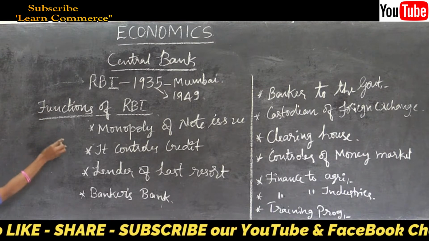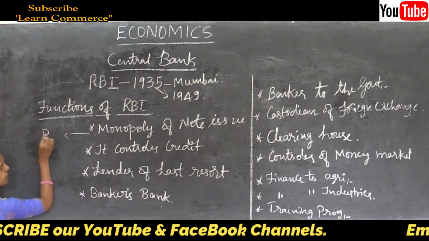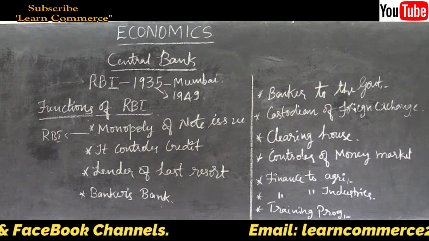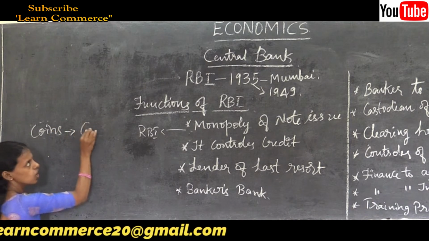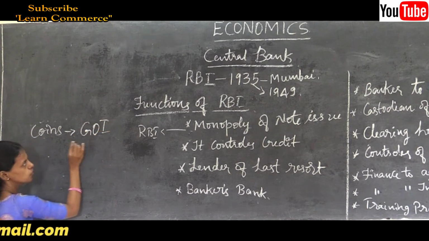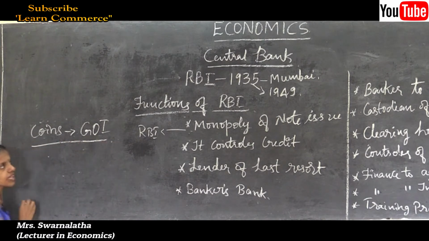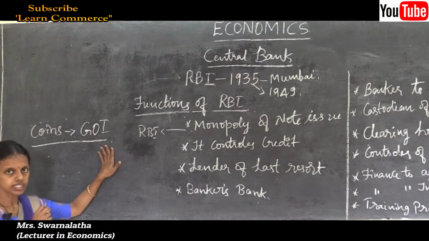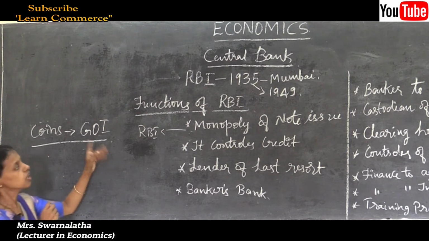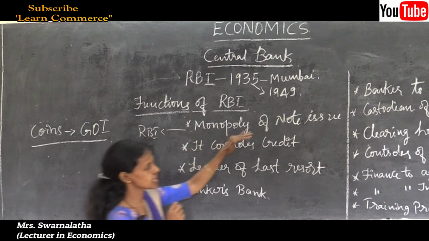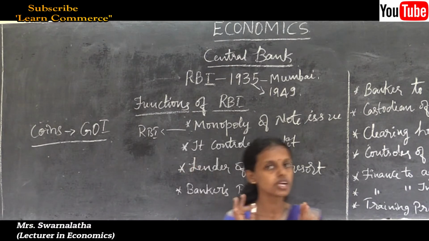Only the currency notes are issued by RBI. Coins are issued by the minting authority or Government of India. Understood? Only the currency notes are issued by the Reserve Bank of India.